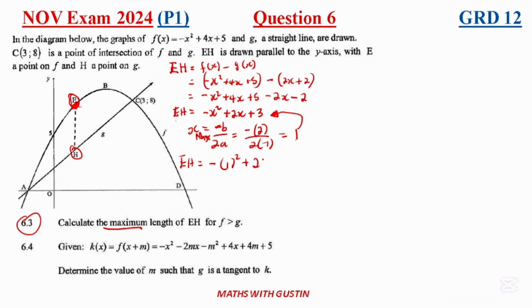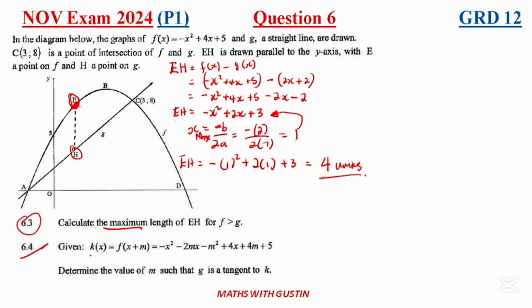That's basically what I'm doing now. 1 plus 3 will give us a value of 4. So now you can come here and say, therefore EH is equal to 4 units, because that is the maximum length. So this is the x at maximum. It gives you the maximum length of EH. Please don't make a mistake, guys, when it comes to this one.